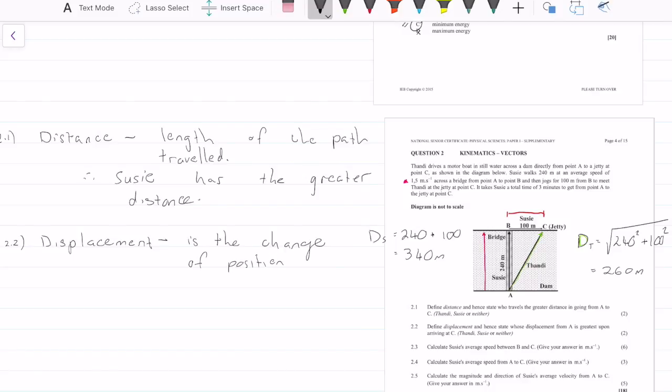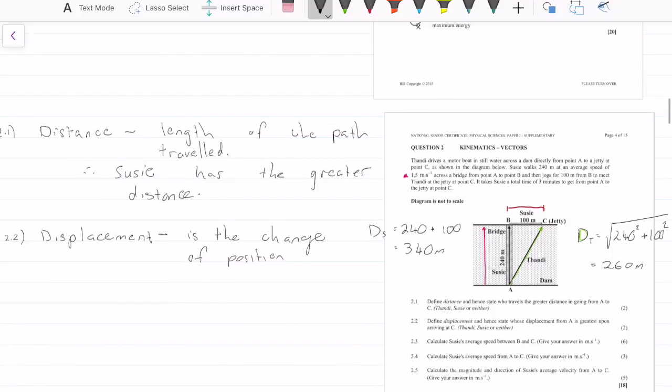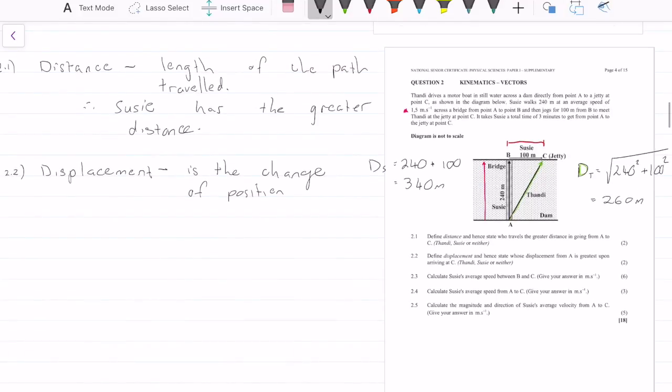If we look at displacement, both Susie and Tandy start at point A, and both of them end at point C. So what we can see is that their displacements are both the same. So we can say neither of them has a greater displacement. So the answer is therefore neither. So in this one it is Susie, in this one it is neither.